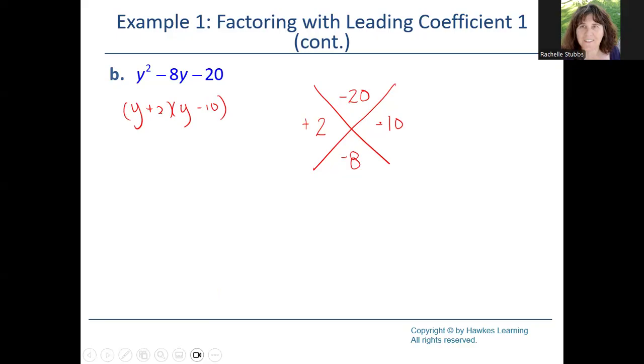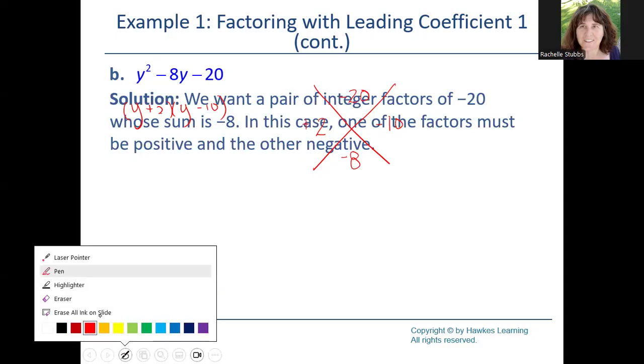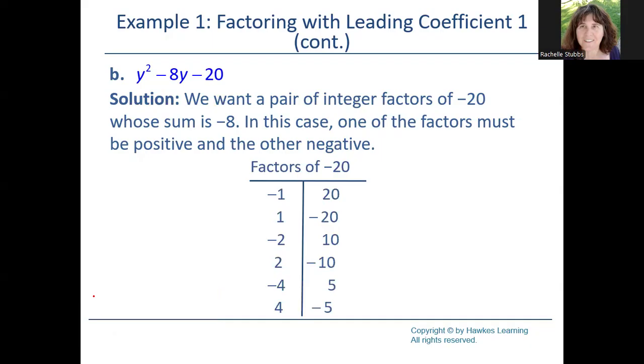Okay, so let's try another one. Here they're going through the list of all the possible factors, but only one works. You don't have to write all those lists if you can see them quickly.